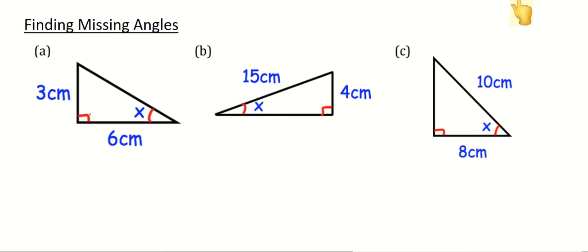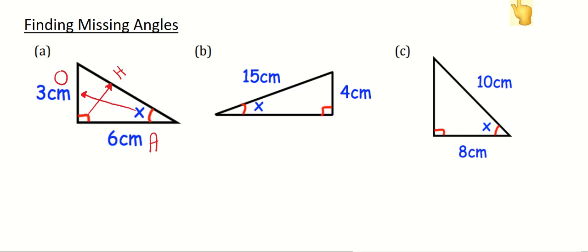Step 1, let's label. The side opposite the right angle is the hypotenuse. The side opposite the missing angle x is the opposite. And the final side is the adjacent. Now, which two sides do we need?